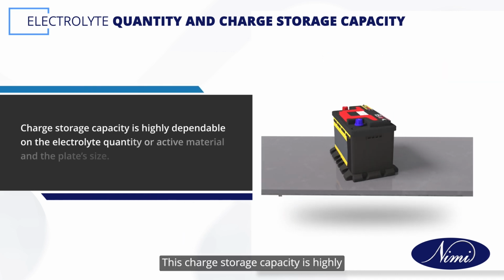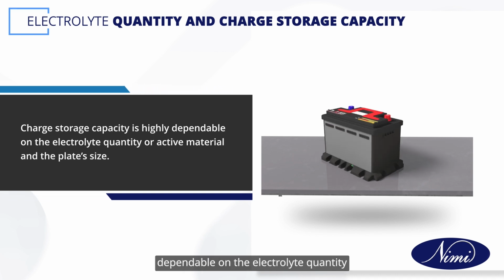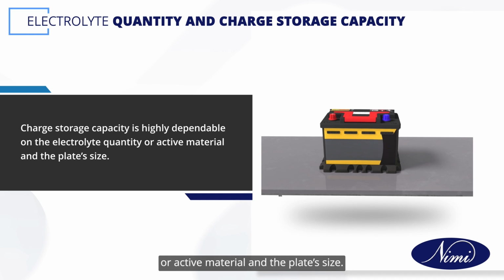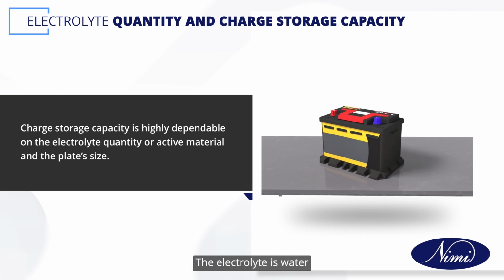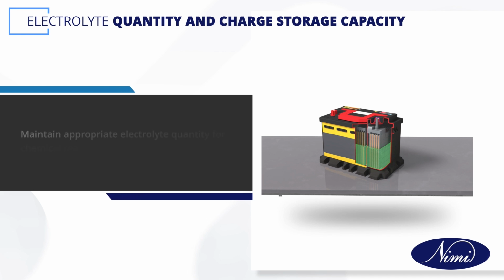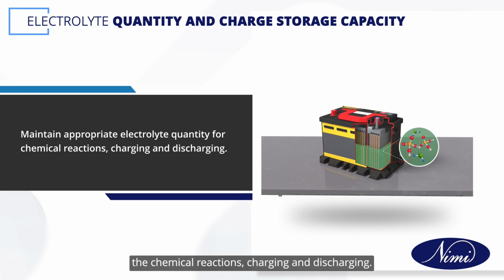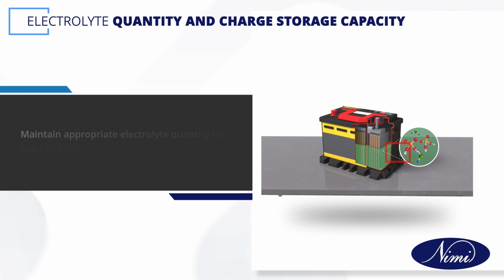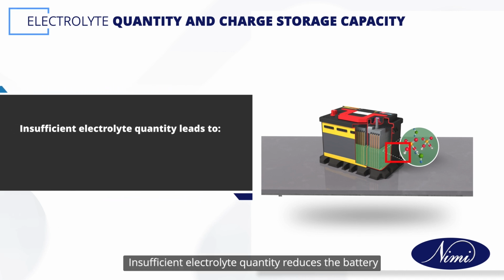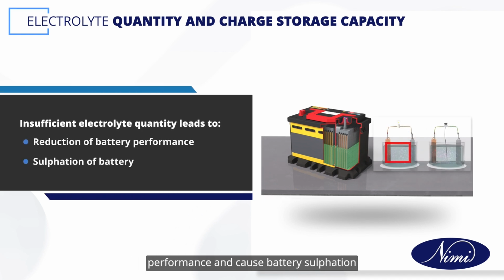This charge storage capacity is highly dependent on the electrolyte quantity or active material and the plate's size. The electrolyte is water and sulfuric acid. Maintaining the appropriate electrolyte quantity is essential to facilitate the chemical reactions, charging and discharging. Insufficient electrolyte quantity reduces the battery performance and causes battery sulfation.